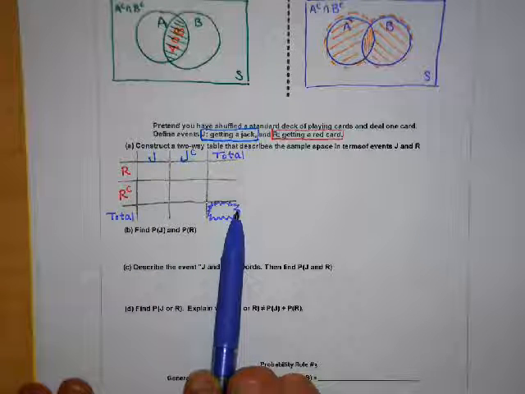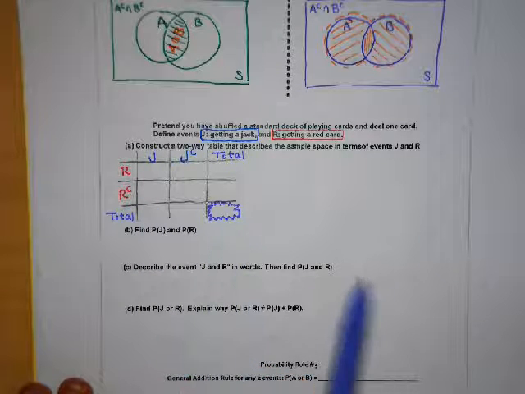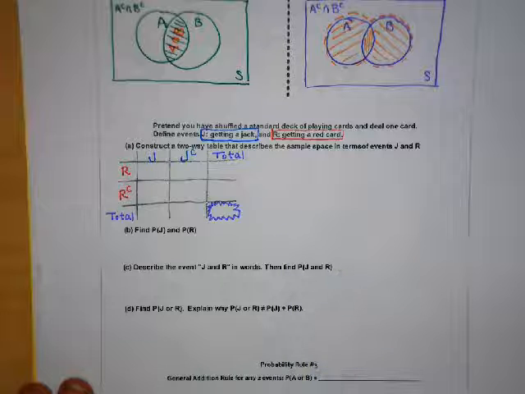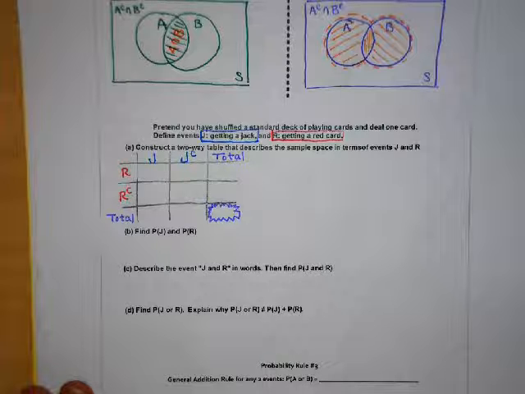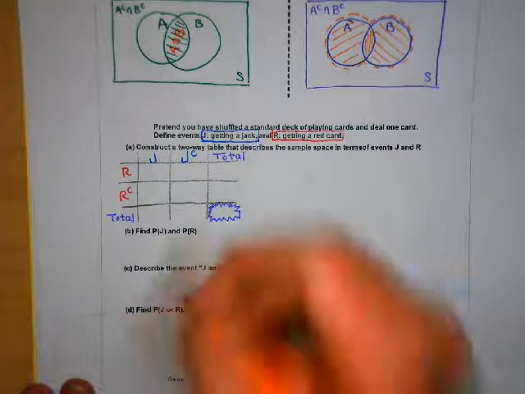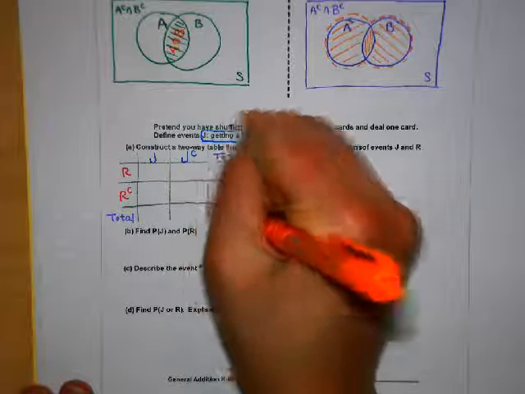So we're working with a standard deck of cards. What is the grand total number of cards in a deck? Anybody remember? I tried to beat it into your head the last 2 days. 52. Thanks. 52.